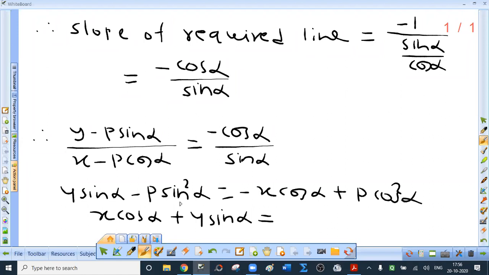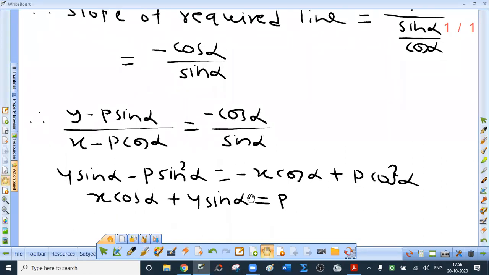I will omit one step. This minus p sin square alpha goes to RHS. So p cos square alpha plus p sin square alpha. Take p common to get in bracket sin square alpha plus cos square alpha, which is 1. And therefore x cos alpha plus y sin alpha equal to p.